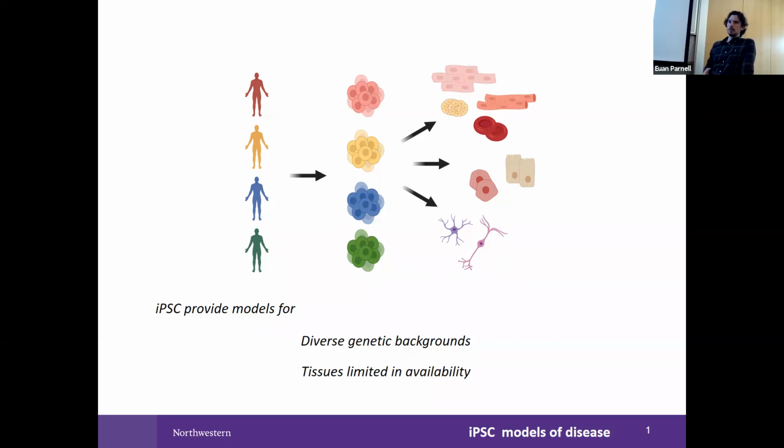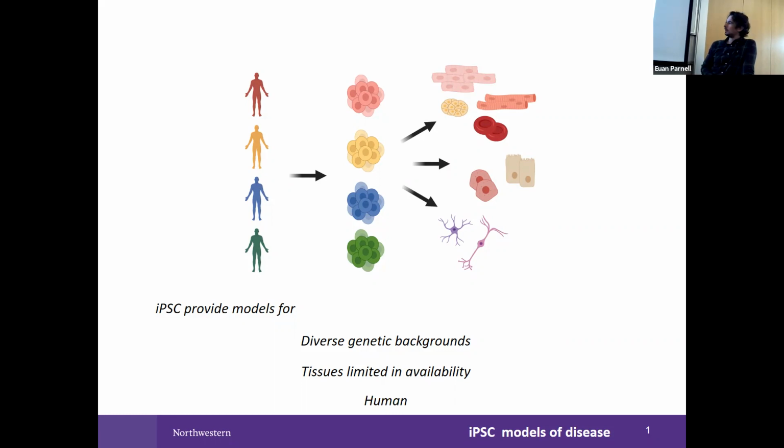To get the kind of neurons that we're interested in, which are prenatal, developing fetus brain, it's very hard to get access to tissues like that. And even if we did, we don't know what their diagnosis is going to be. We don't know what genetic mutations they have. And so with iPSC, we can model neurons or any of these other tissues without having to get postmortem samples.